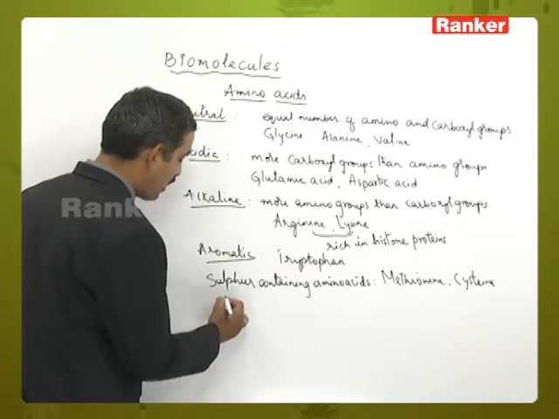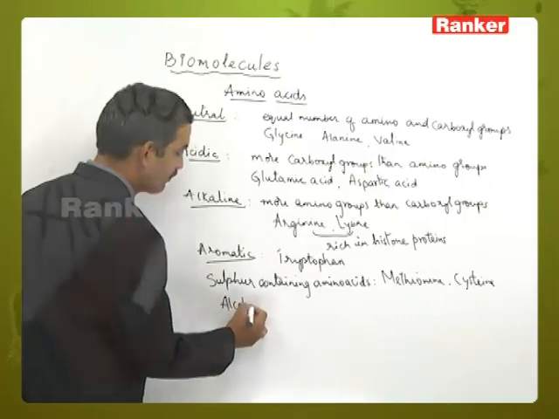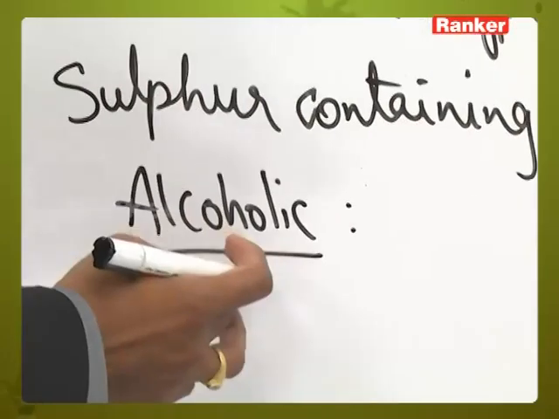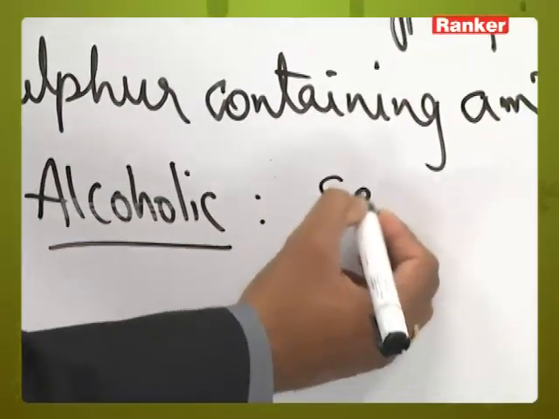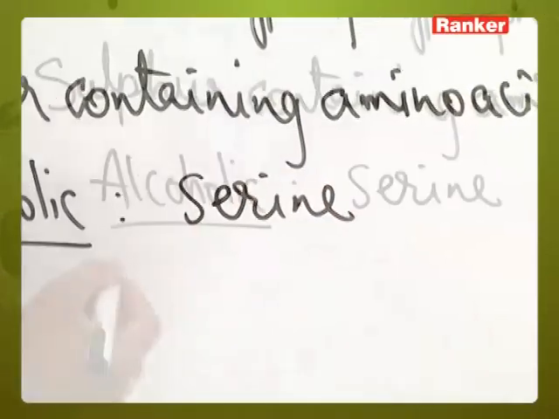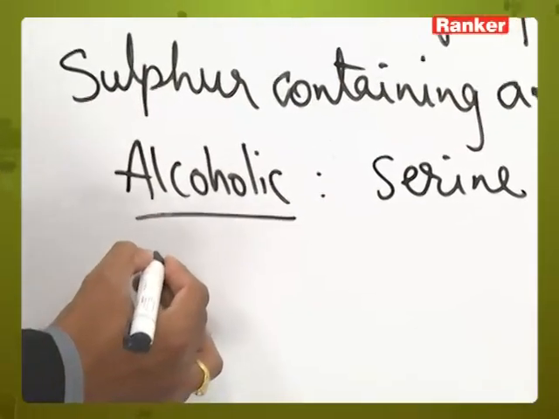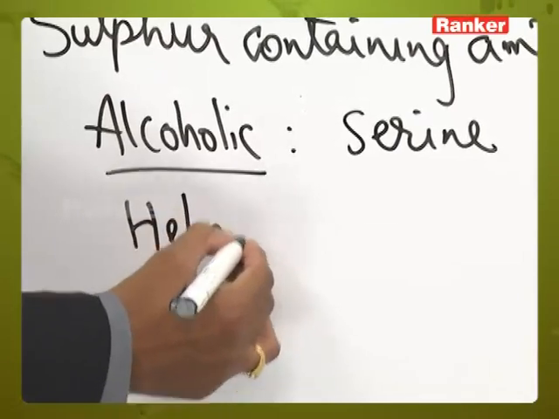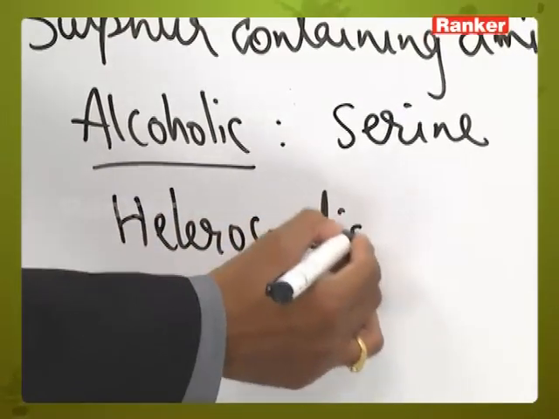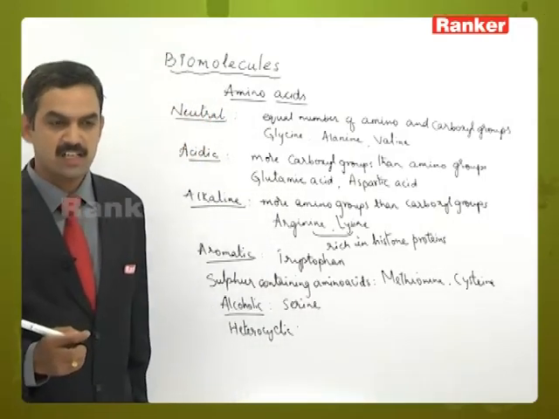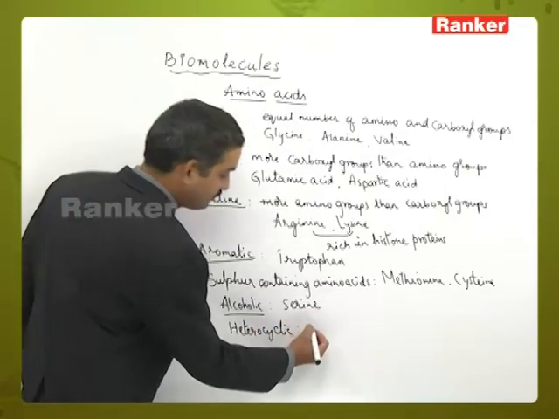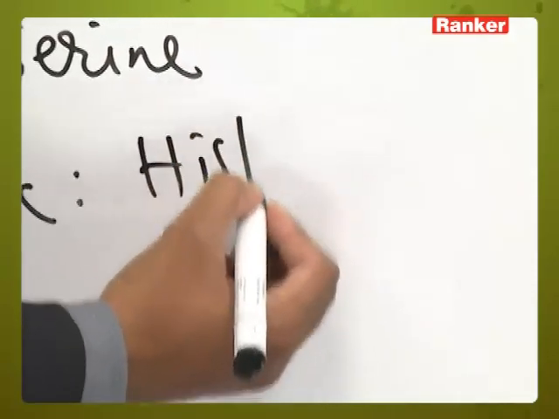Then alcoholic amino acids are the ones which contain alcohol groups, like serine. Heterocyclic are the ones which contain heterocyclic nature, like histidine.